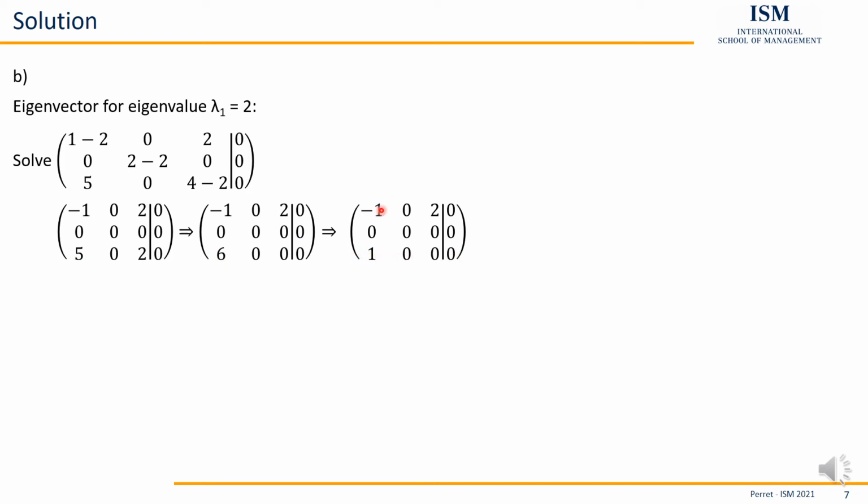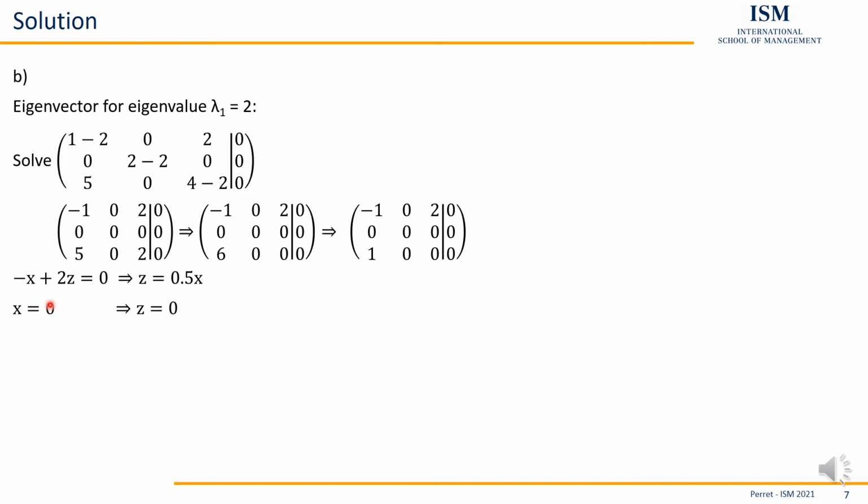If we write the first and the third row down, because they are the only ones with any input, we get those 2. From the third we know x is 0. Well, the first one reads as -x plus 2z equal to 0. Or, if we rewrite this and solve for z, we get z equal to 1/2 x.